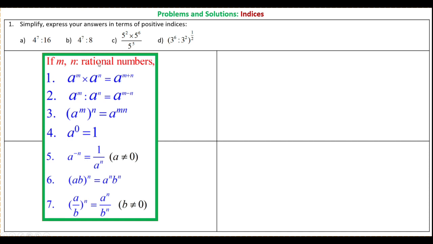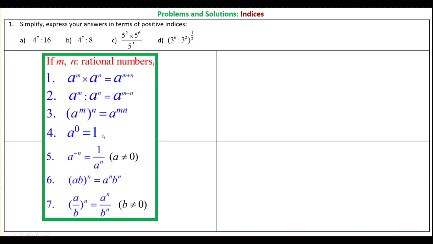The reason we can use rational numbers now, as a generalization of m and n, is that when we derive the first 3 laws, we start by having m and n as positive integers. Then in law number 4, we are introduced to 0 as an index that we can use, provided that we accept a to the 0 equals 1.